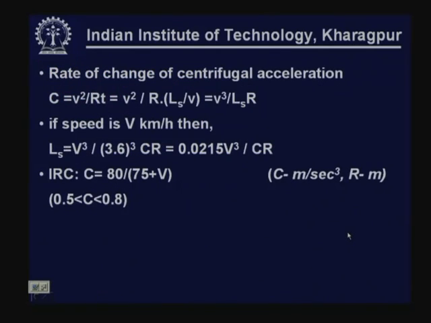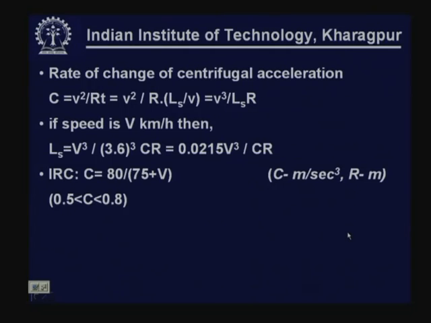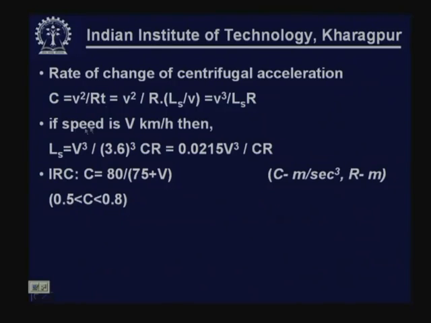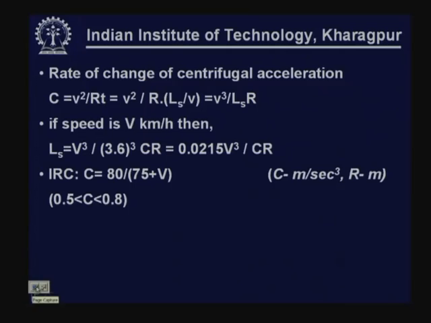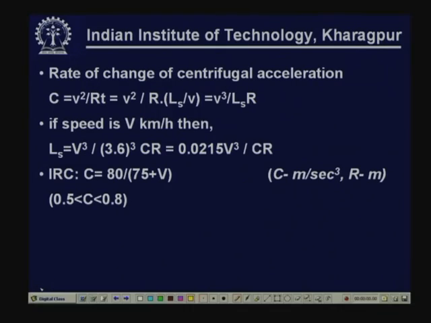So, therefore, what is the rate of change of centrifugal acceleration? It is nothing but the centrifugal acceleration V square by R, which is the maximum and is introduced over a time t. So, the rate of change of centrifugal acceleration is V square by R divided by t, V square by R t.